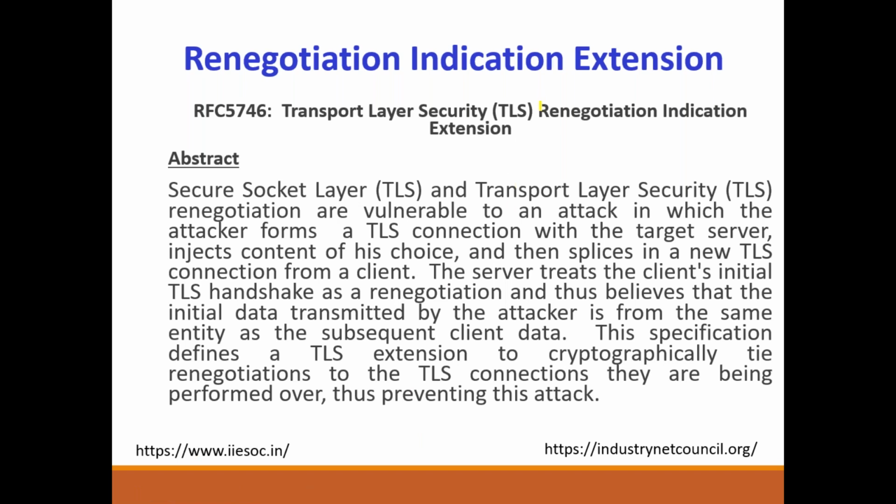So there is an extension, the renegotiation indication extension. That is because session renegotiation is vulnerable to an attack. What happens, and we'll go through this again, is the attacker starts a TLS connection, does a few things, and then adds in a different connection.